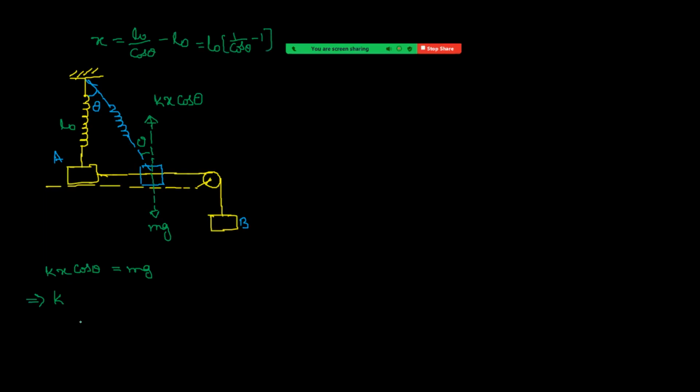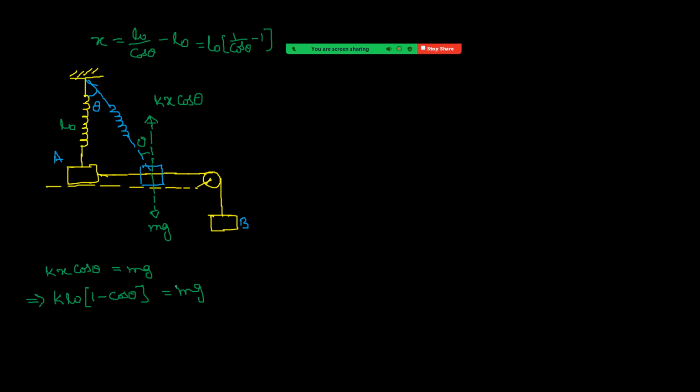Substitute that here. So K L naught into 1 minus cos theta, right? Check with your calculation. I hope it is correct. K L naught cos theta, cos gets cancelled, remaining cos here. That is equal to mg.